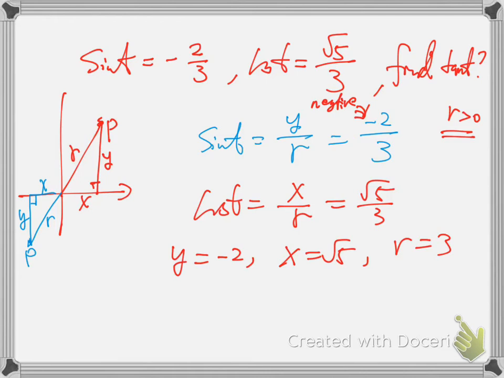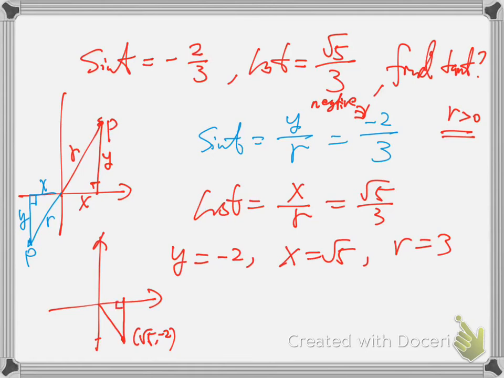So now we can draw the picture for this angle, because we already know where it is. Let me draw a new picture. Y is negative 2, x is radical 5, so this is the point P, x comma y. This is my right triangle.